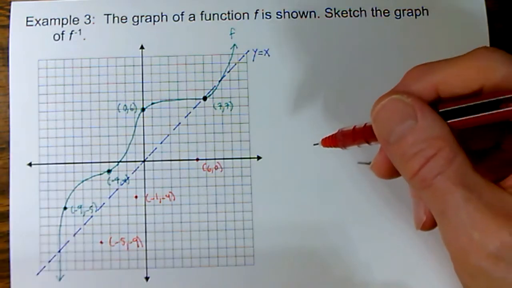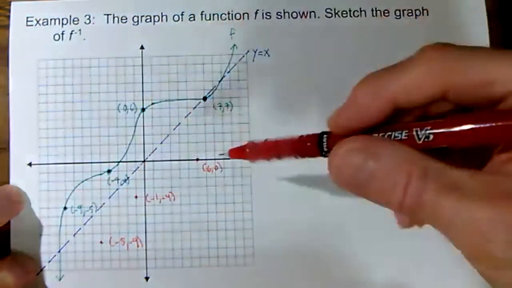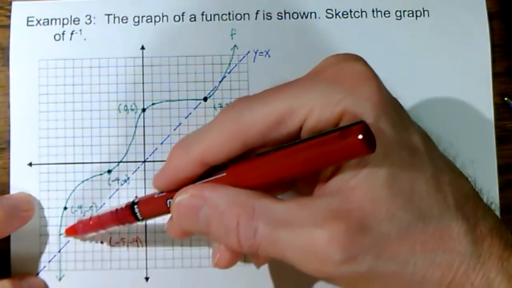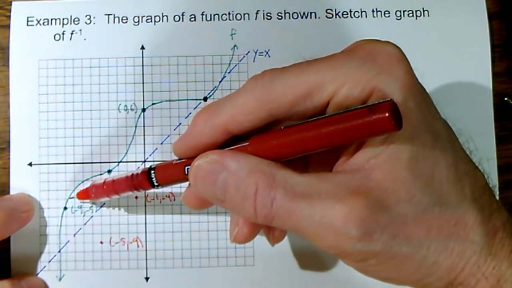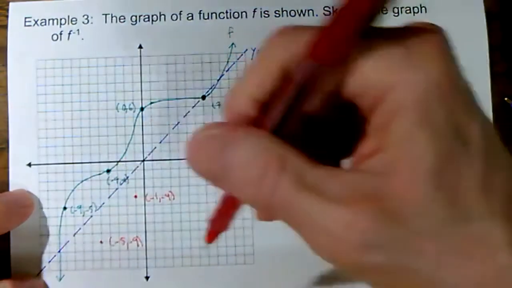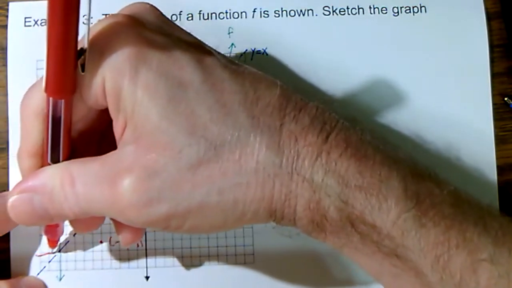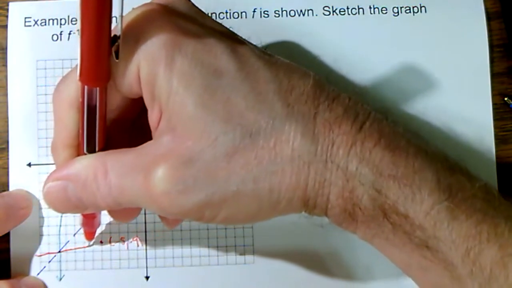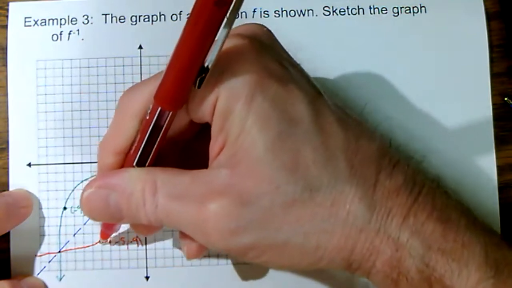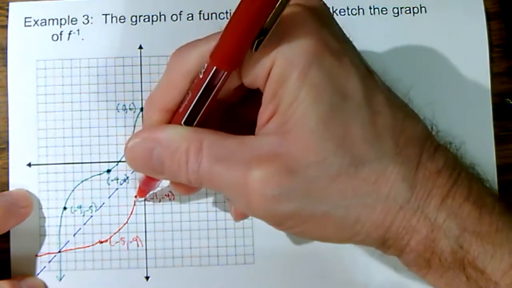Now I'm going to attempt to draw something as best I can that looks like a mirror image of this shape. Notice, let's say we start from the left, that from the left, you've got something that does cross this line y equal x. So the inverse will cross, in fact, y equal x at exactly the same point. It will look something like this. Head towards that point. And then to create sort of a mirror image shape, it's going to bow away from the line y equal x towards this one.